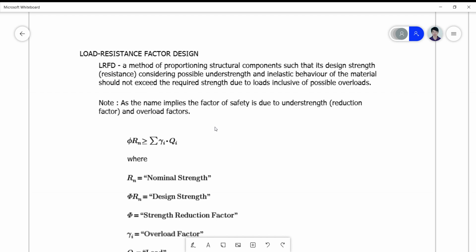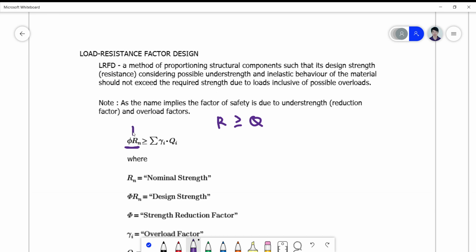So our basic equation for safety, which is a simple R greater than or equal to Q, is actually transformed into a nominal strength multiplied by a reduction factor phi.